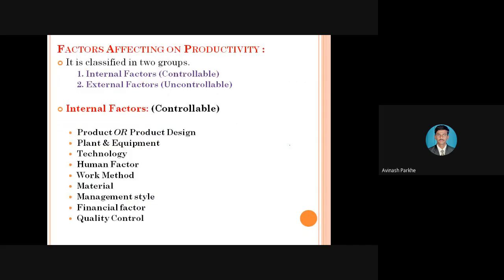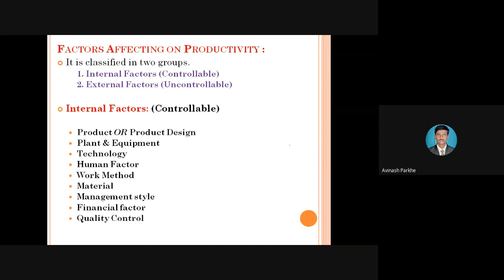Now there are some factors which affect the productivity, because sometimes some internal factors and some external factors affect the total productivity. Internal factor means it can be controllable, and external factor means it cannot be controllable.